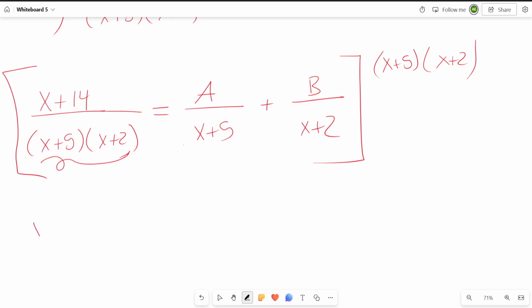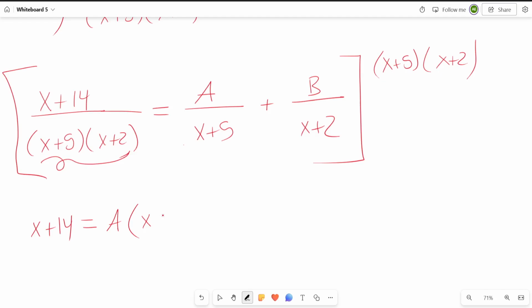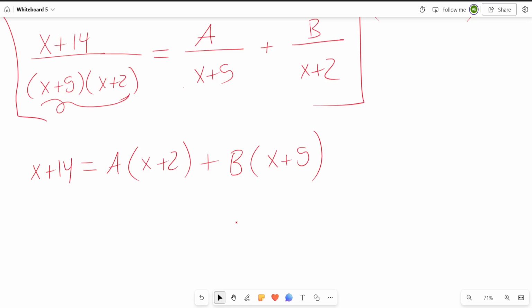So I'll be left with x plus 14 on the left side, equal to, when I multiply this term by x plus 5 times x plus 2, x plus 5 is going to cancel with x plus 5, and I'm going to be left with a multiplied by x plus 2, plus similarly for b, when I multiply these two terms, x plus 2 is going to cancel with x plus 2, and I'm going to be left with b multiplying x plus 5.